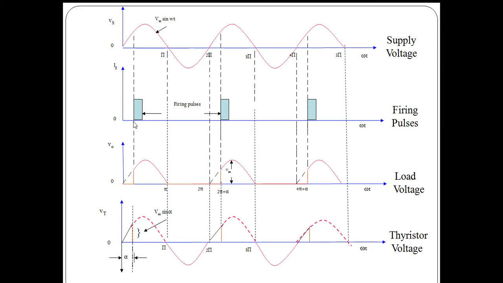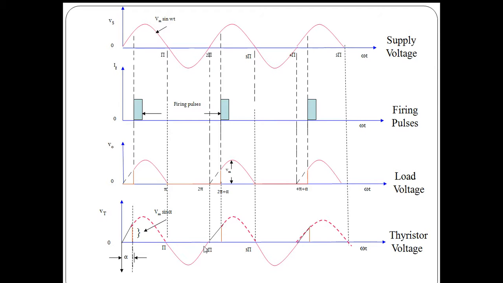At the instant we provide the firing pulse, the output voltage appears. Accordingly, the output current is also present, and the current waveform follows the voltage waveform because it is a resistive load. Whenever the device is in conduction, the voltage across the thyristor is 0.